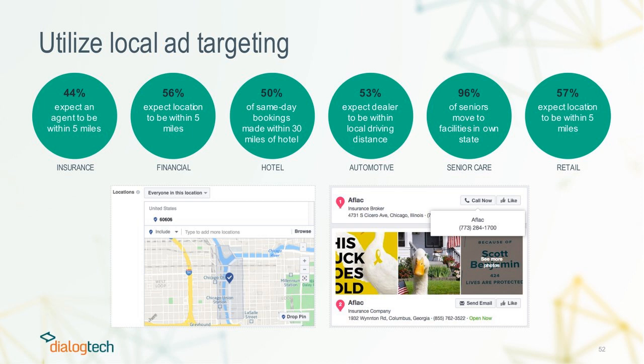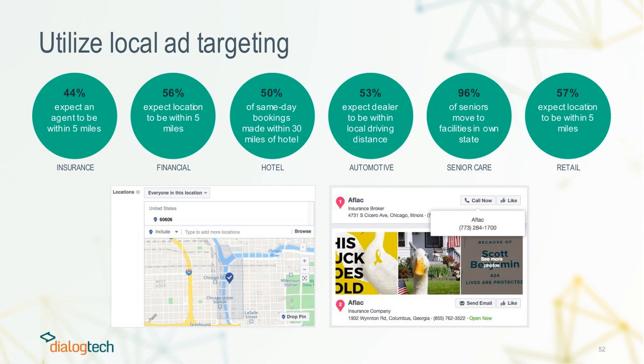Just for example, in the insurance vertical, 44% of users expect to find an agent within 5 miles. So make sure you are also adjusting your campaigns towards your store locations, and just utilize your local ad targeting, utilize zip code data, utilize DMA data. And also utilize local phone numbers. I think you're really going to find that you'll see a higher click-through rate.